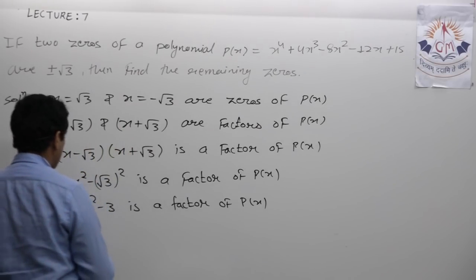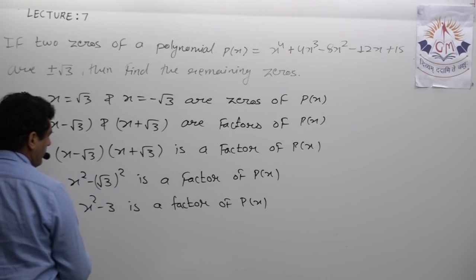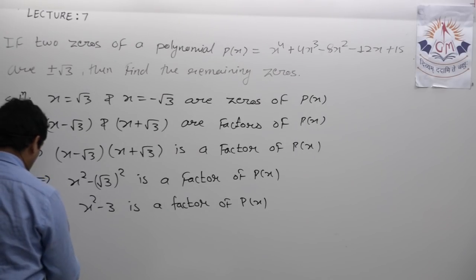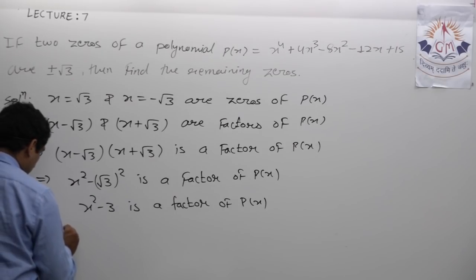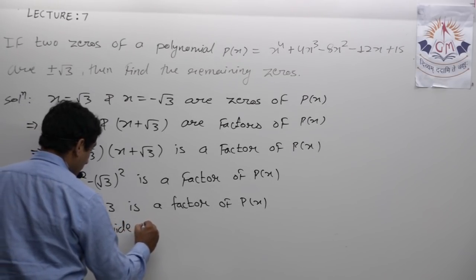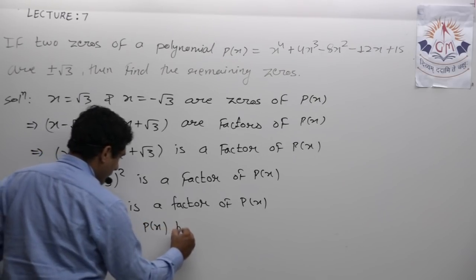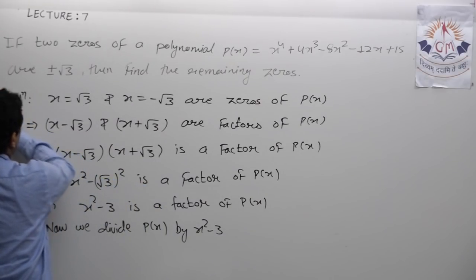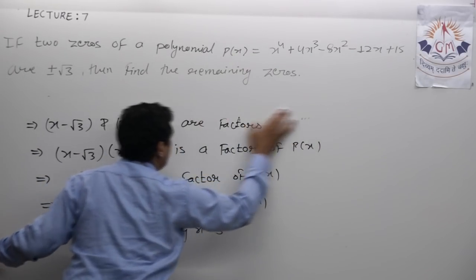Okay, next we'll see. Here I am writing now we divide p(x) by x square minus 3. So let us see the division over here.